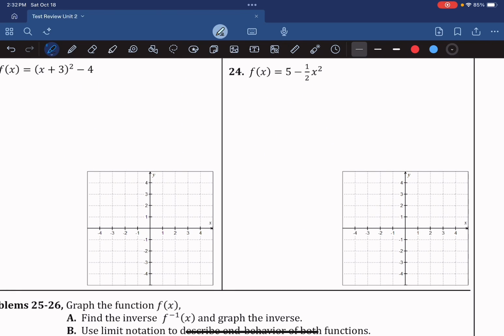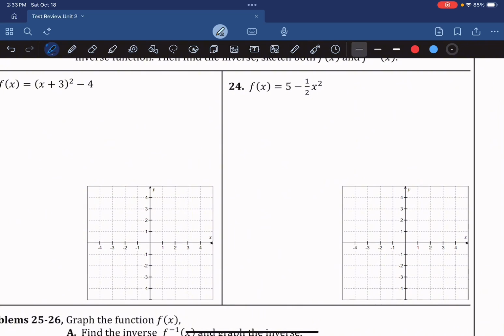You can just plug in values here, like 0 is always a good one to start with. So if you plug in 0, that would actually give you 5. X equals 0 gives you 5. X equals 1, or let's do 2.